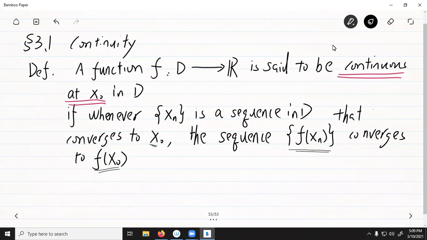You should say, for any sequence that converges to x naught, every sequence xn converging to x naught. That is the general thing you need to know when you prove a function is continuous.